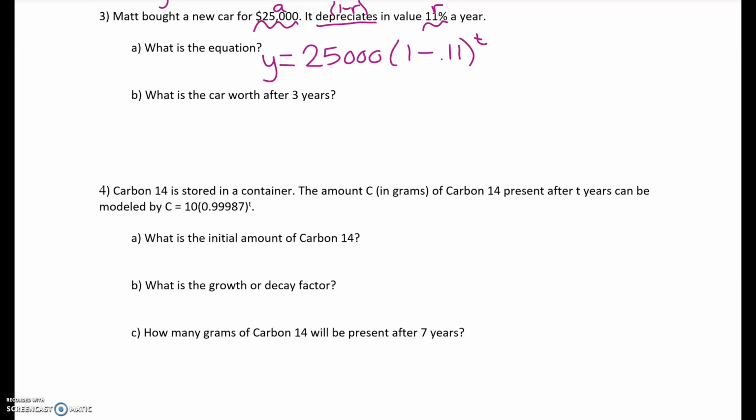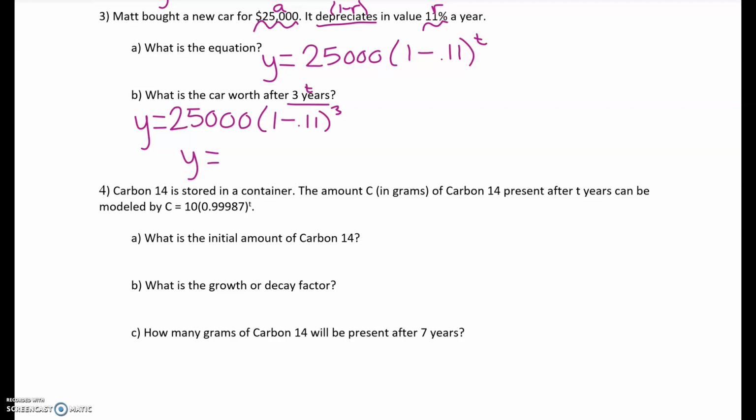What is the car worth after 3 years? So we're plugging 3 in for t. So 25,000 times 1 minus 0.11 raised to the 3. Okay. So we're punching that into our calculators to find out the value of the car.